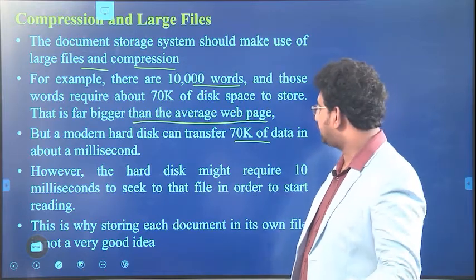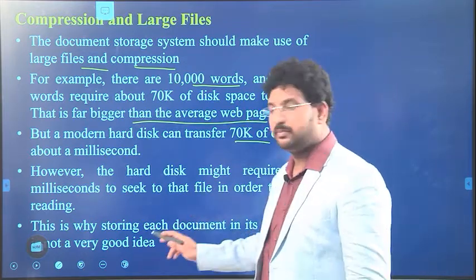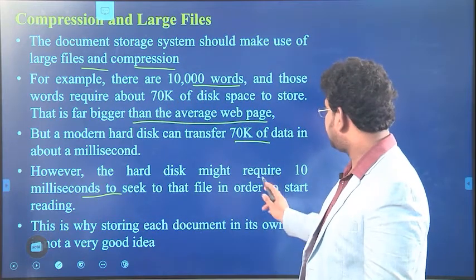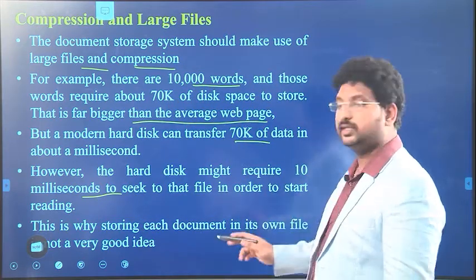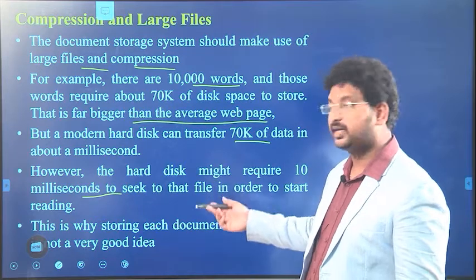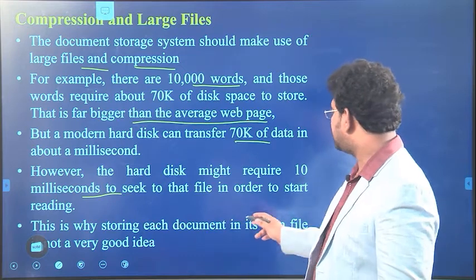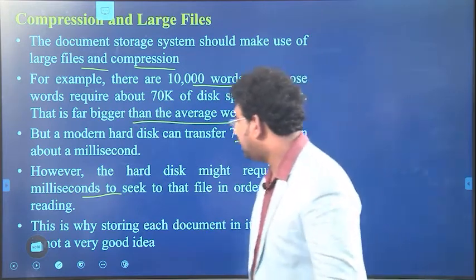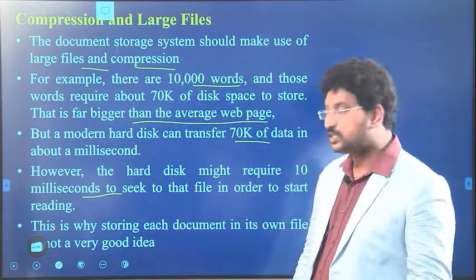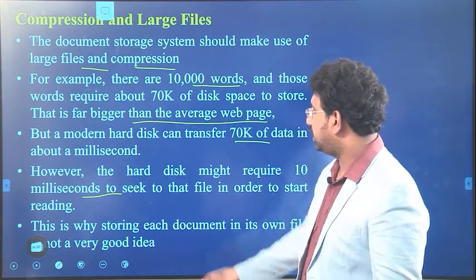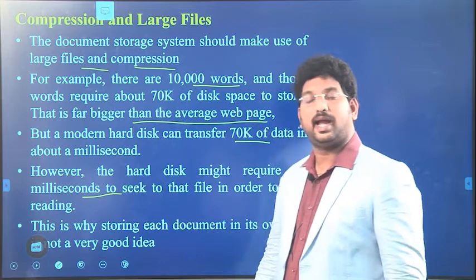However, the hard disk might require 10 milliseconds to seek to that file in order to start reading, and this is why storing each document in its own file is not a very good idea.